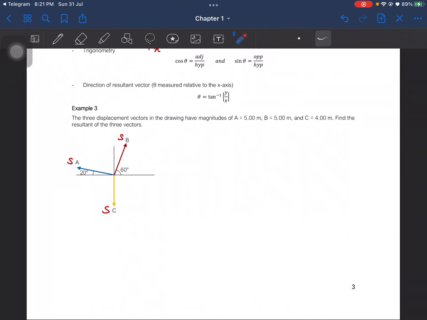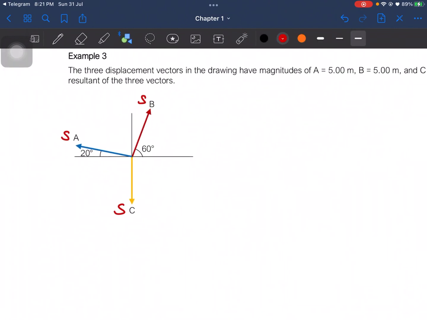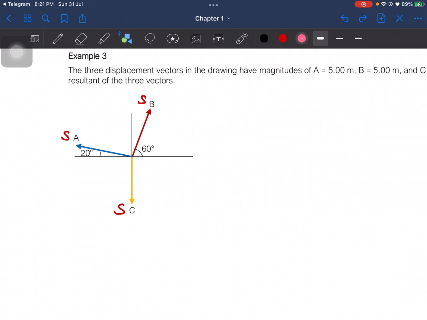Remember, displacement is a vector, so we have to resolve it into its own x and y components. First of all, I'm going to do displacement A in this color. We are going to resolve it into its own x and y components. I'm just going to draw it so that you understand.